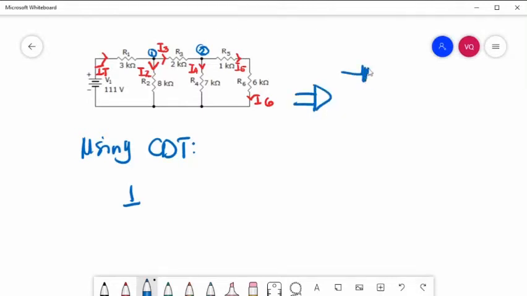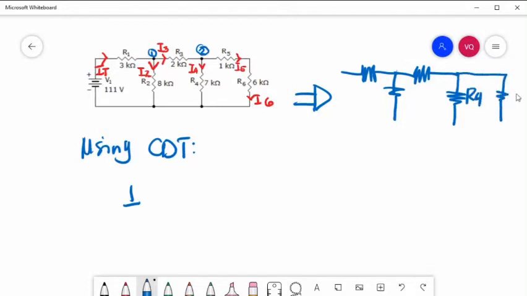So, this is your R1, R2, R3, and this resistor will be the R4, and this one is R5 and 6, since they are in series. R1, R2, R3, R4, and R4, 5, 6.